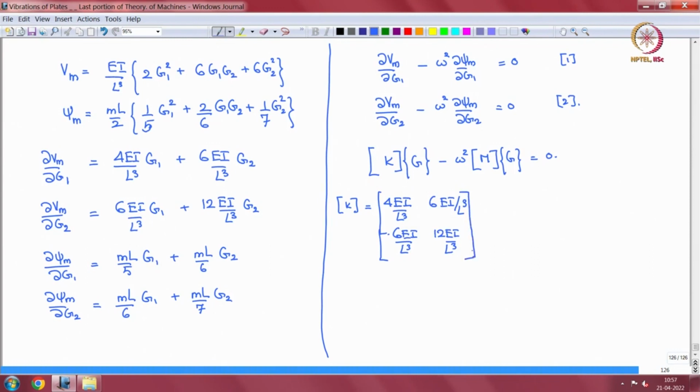That's the K matrix. And what is the M matrix? M is equal to ML by 5, ML by 6, ML by 6, ML by 7.